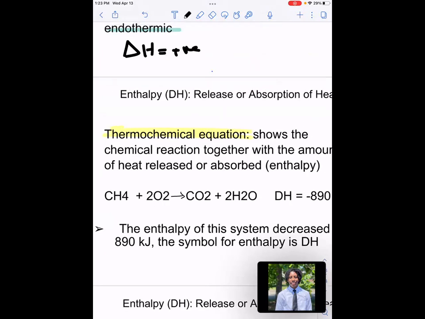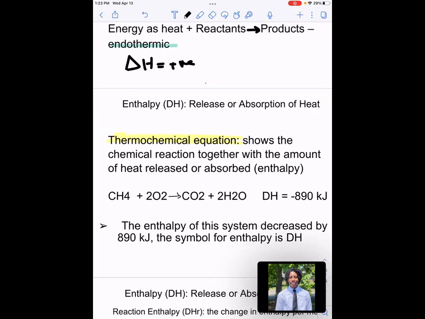So you see that's methane plus oxygen going to CO2 plus water, right?